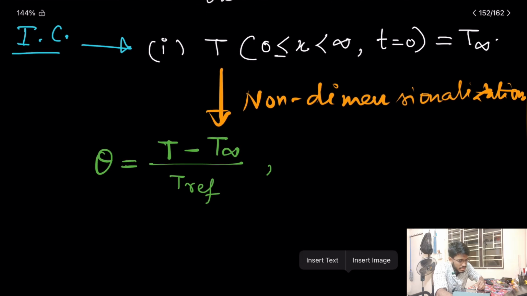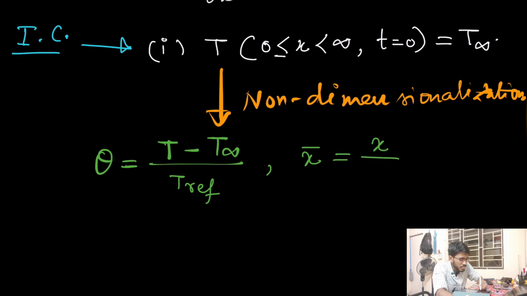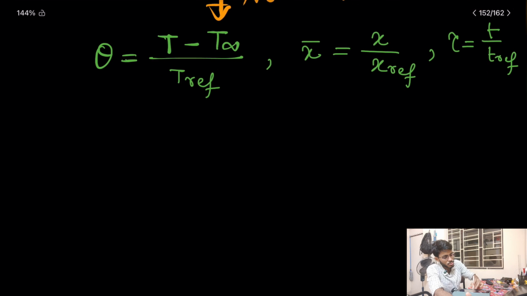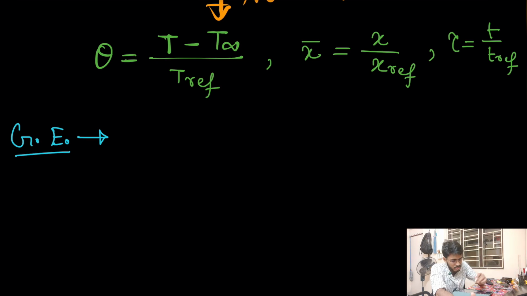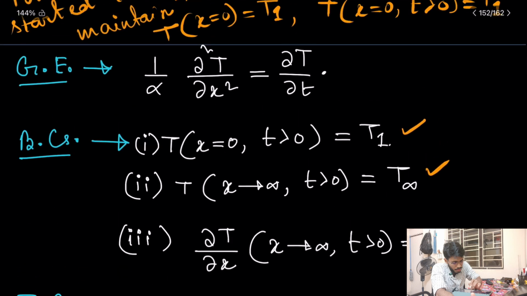And I will write here my non-dimensionalized x, that is x bar, that will be x by some x reference. And then I will write my non-dimensionalized time tau will be t by some t reference. Now if I write the governing equation again, I will not spend much time explaining because I have done this ample amount of times.